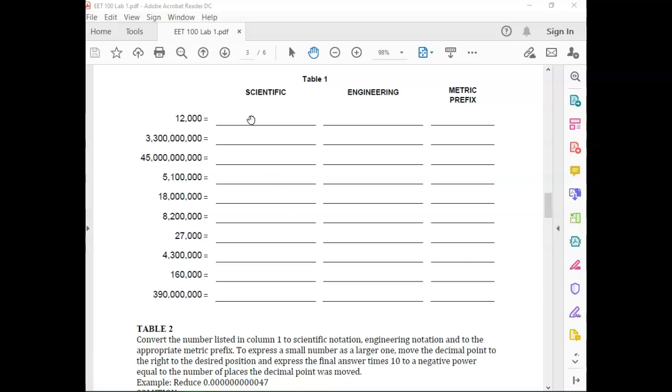Okay, so let's take a look at these tables and just discuss what they are and how you would solve them. First of all, what did we talk about last Wednesday?